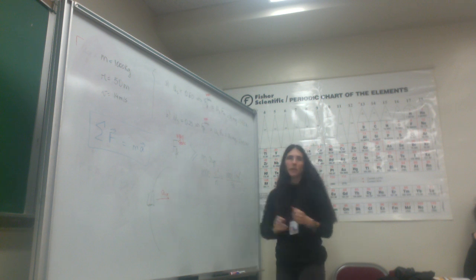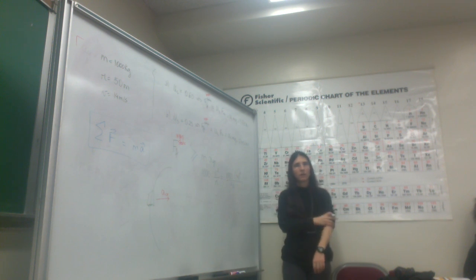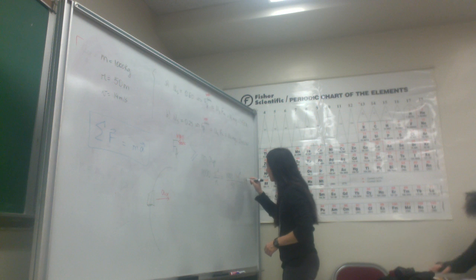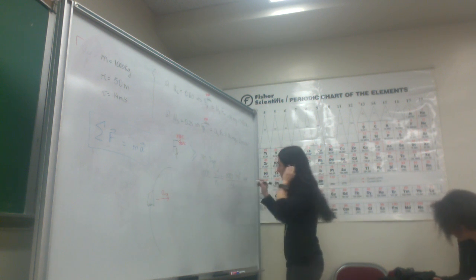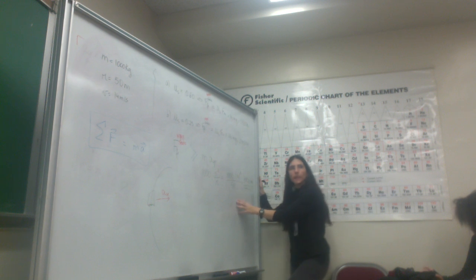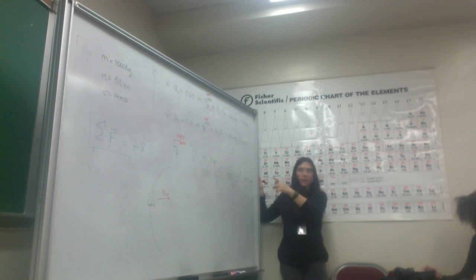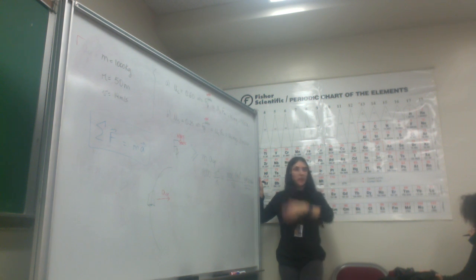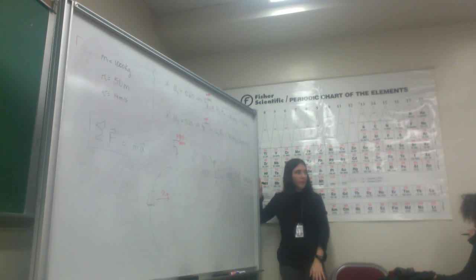Which number do we get here? 3,920. Okay, so this is what we get when the car enters with 14 meters per second in this curve that has 50 meters for the radius, with this car that is 1,000 kilograms.